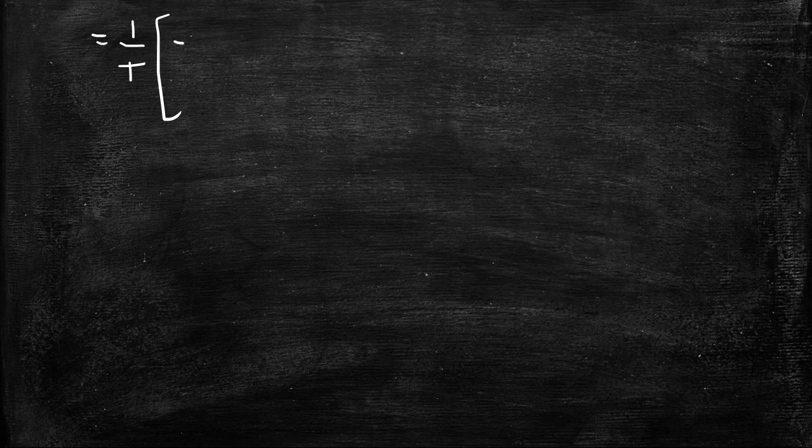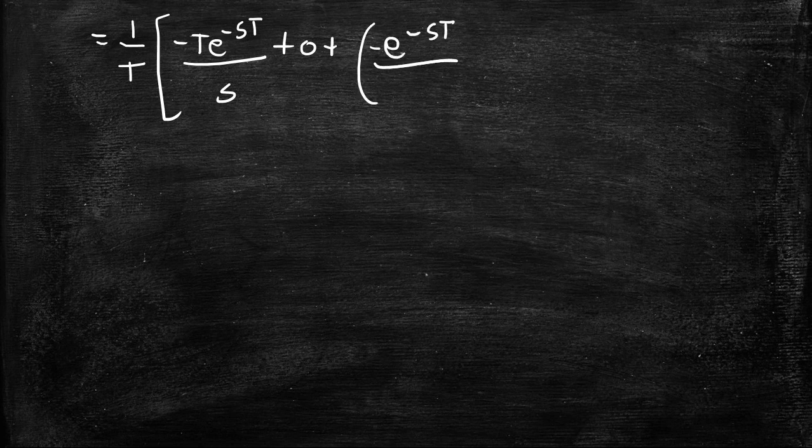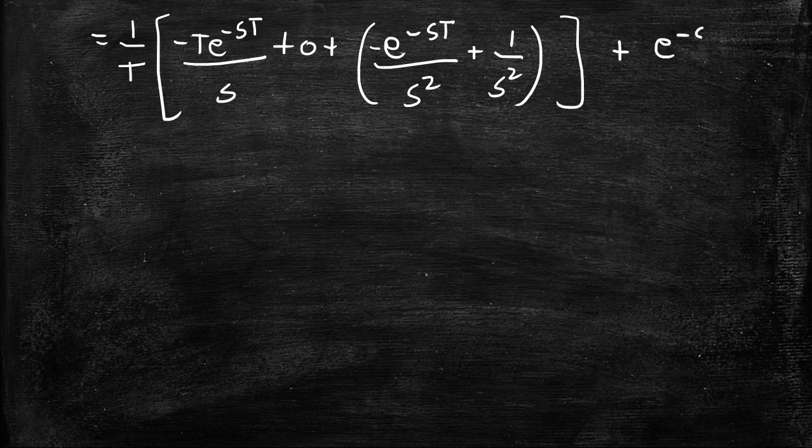So the next step would be just simplification, applying the limits. This is 1 by t minus t e power minus st divided by s plus 0 plus e power minus st minus e power minus st by s square plus 1 by s square, and this will be like e power minus st by s. Okay. So on further simplification, I'm just getting this t inside.